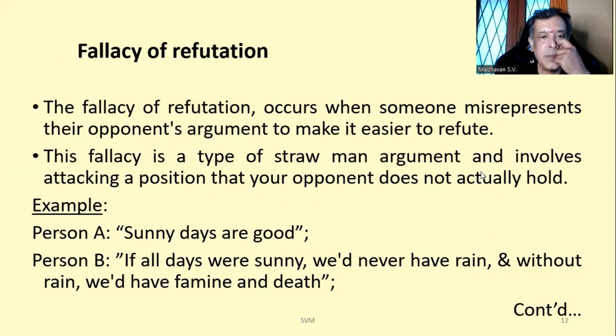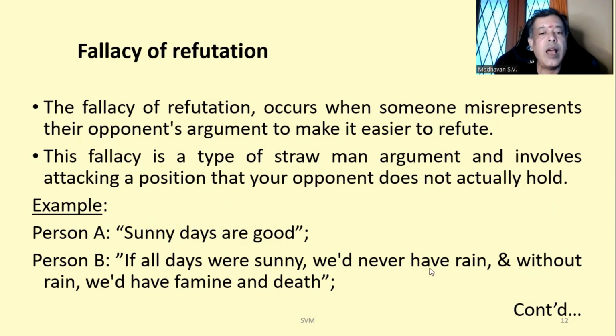Fallacy of refutation. The fallacy of refutation occurs when someone misrepresents their opponent's argument to make it easier to refute. This fallacy is a type of straw man argument and involves attacking a position that your opponent does not actually hold. See here, the example will make you clearly understand. Person A says sunny days are good. Person B says, if all days were sunny, then we would never have rain.